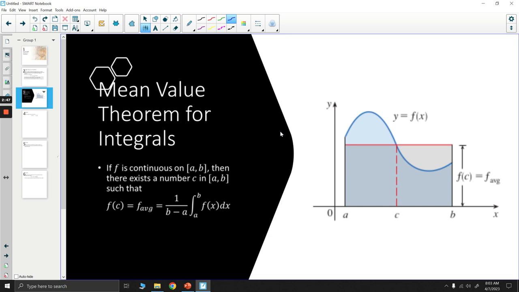It says that if f is continuous on some a to b, then there exists a number c on a to b such that f of c is the average value of our function. So again, the reason this is so similar to the mean value theorem of calculus is that they're based on that concept.